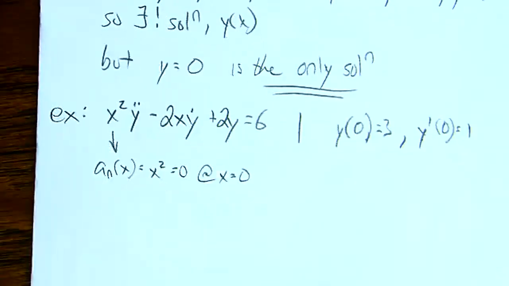And our initial conditions are at x equals 0. So we are not guaranteed the existence and uniqueness of a solution to this differential equation. We might be able to find a solution that exists for some interval, but we're not guaranteed that one exists.